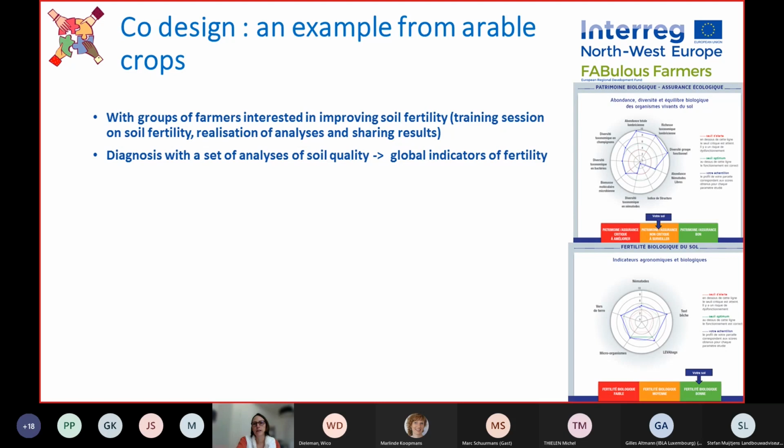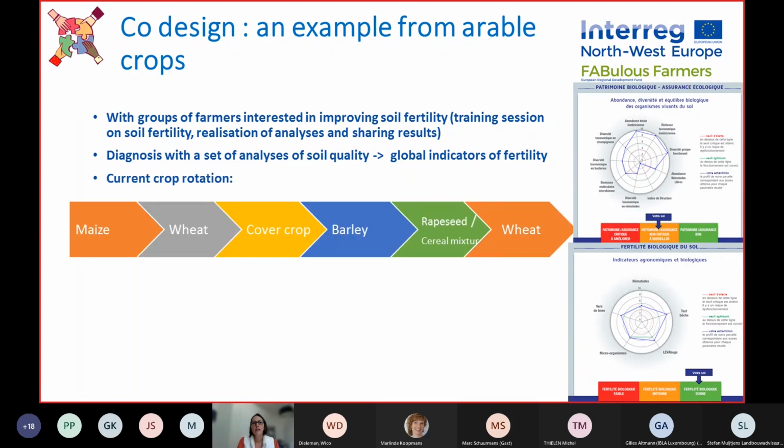So we obtained global indicators of fertility. I won't go into detail on the results, but that was our diagnosis of the situation.